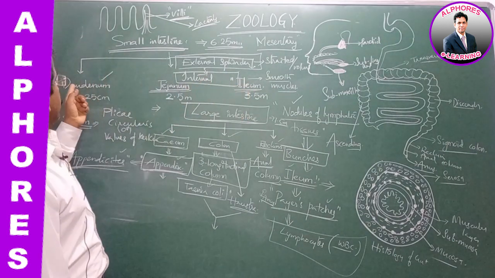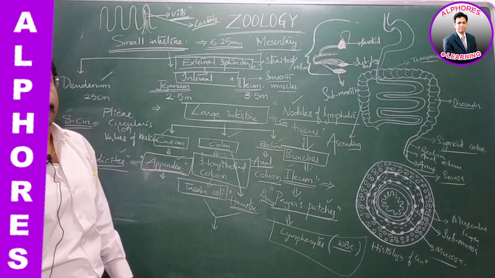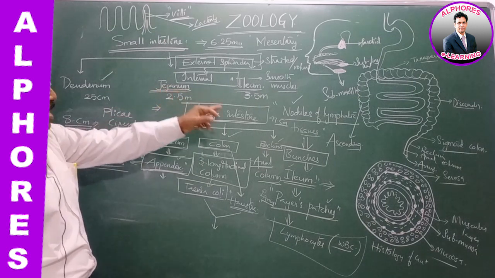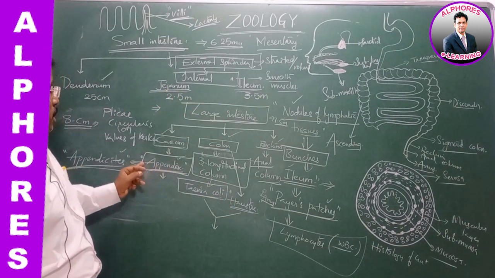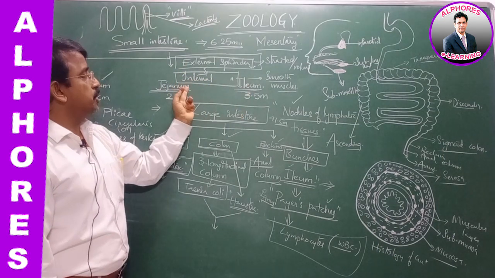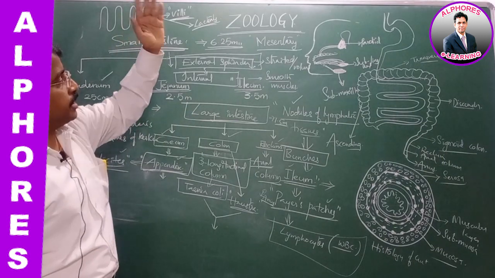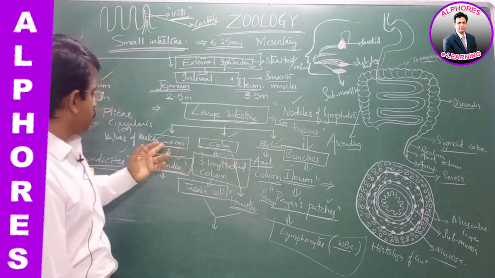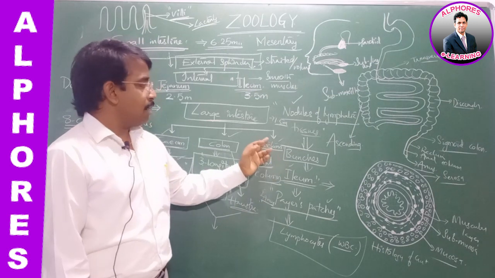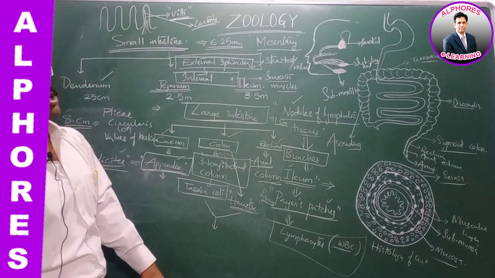The jejunum and ileum are held in place by mesentery. Next, the Peyer's patches and the valves of Kerckring are part of the jejunum and the ileum. The small intestine leads into the large intestine, which includes the cecum, colon and rectum. The rectum opens outside by the anus. This is the entire description of the gut.